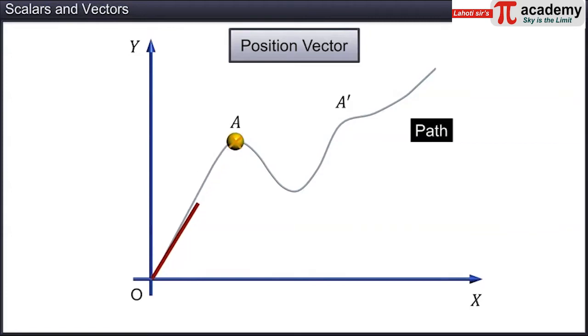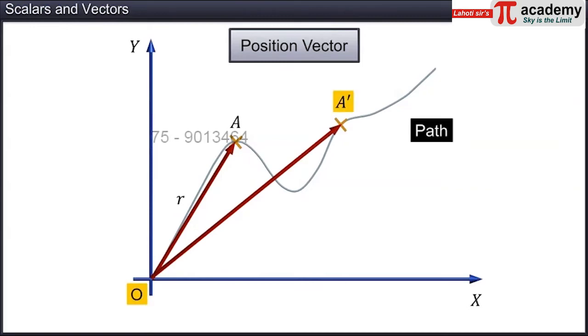Join O and A with a straight line. Draw an arrowhead at A. Label the line OA as R. Here, OA is the position vector of the object at time t. It is called R. Then, join O and A' with a straight line. Draw an arrowhead at A'.